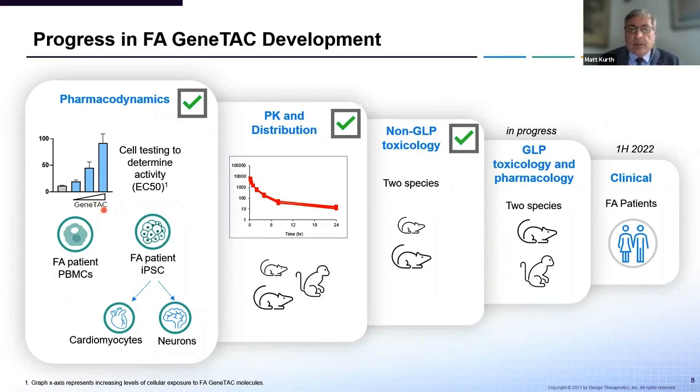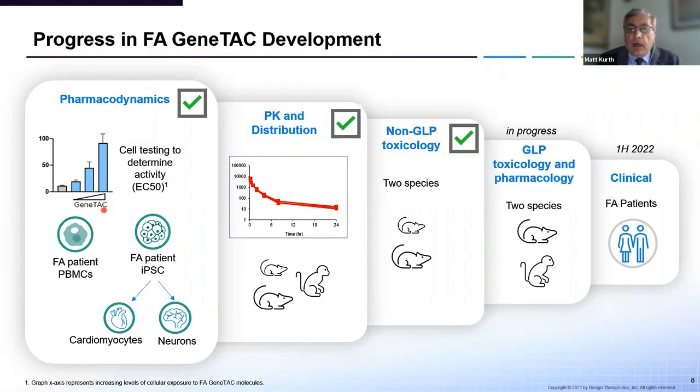And in those animals, we've been able to measure the distribution and pharmacokinetics of giving the molecule intravenously. The molecule does require intravenous injection, but it's not an infusion. The injections usually take a few minutes, and then the molecules are rapidly distributed throughout the body, but last a long time as well. And I'll get into more of that in a moment.